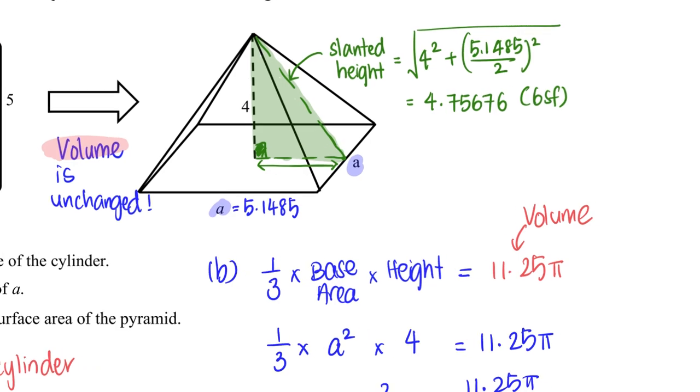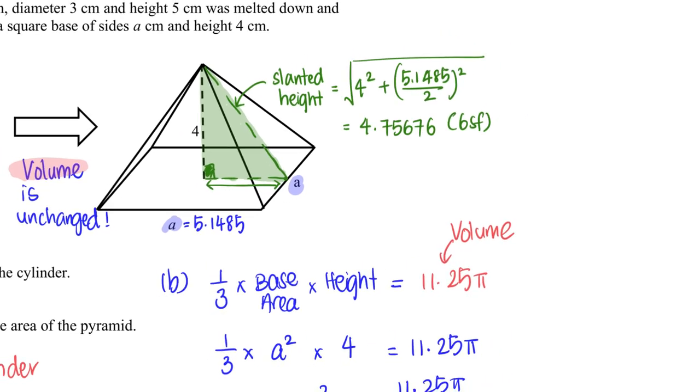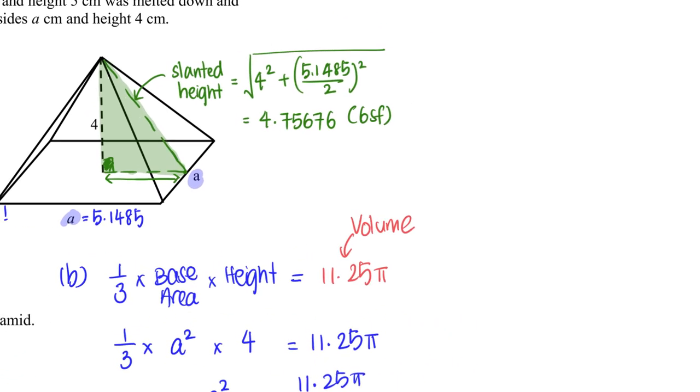And therefore, from here, I can then find my part C already. Why?